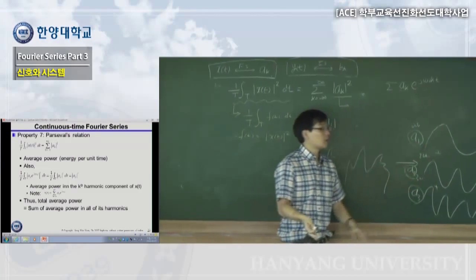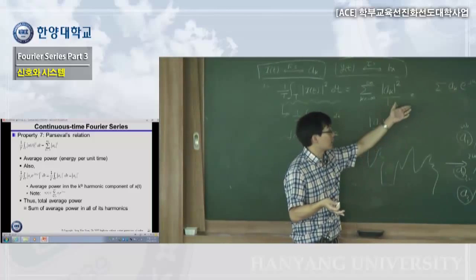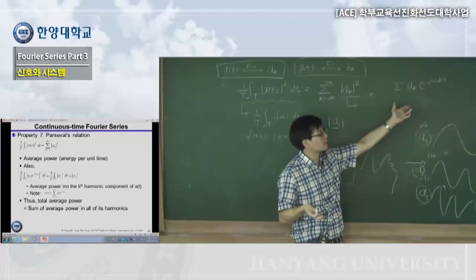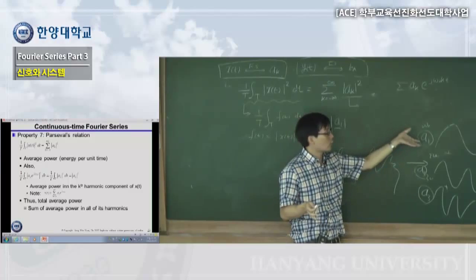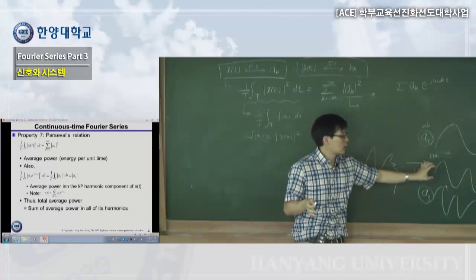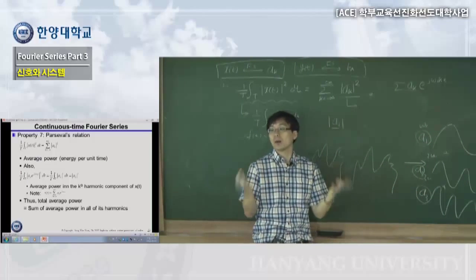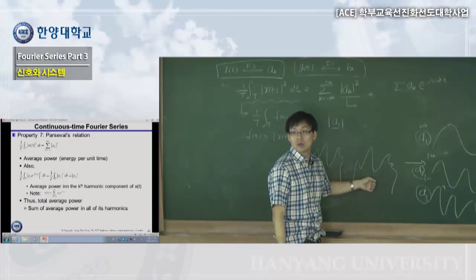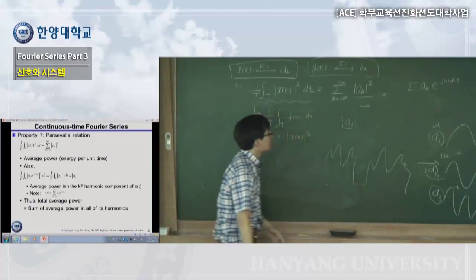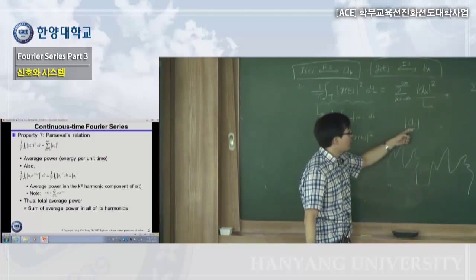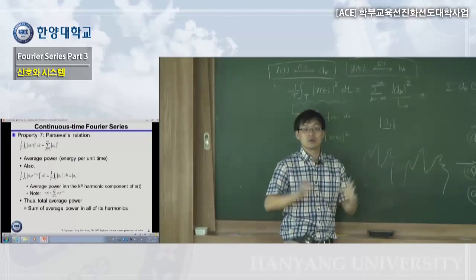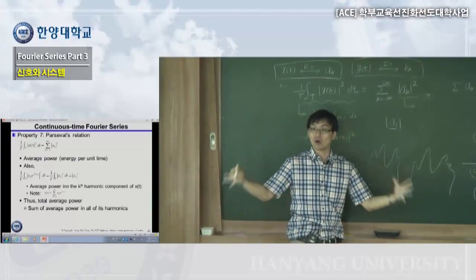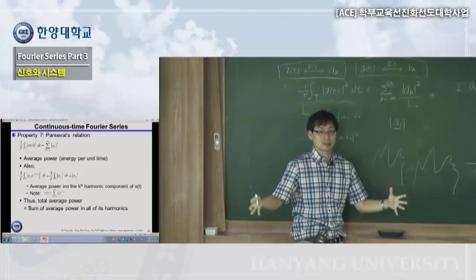So this ak not only gives you an idea of how to change the signal, but also corresponds to how much each frequency component occupies x. If you have absolute value, they correspond to amplitude, to how much it occupies.